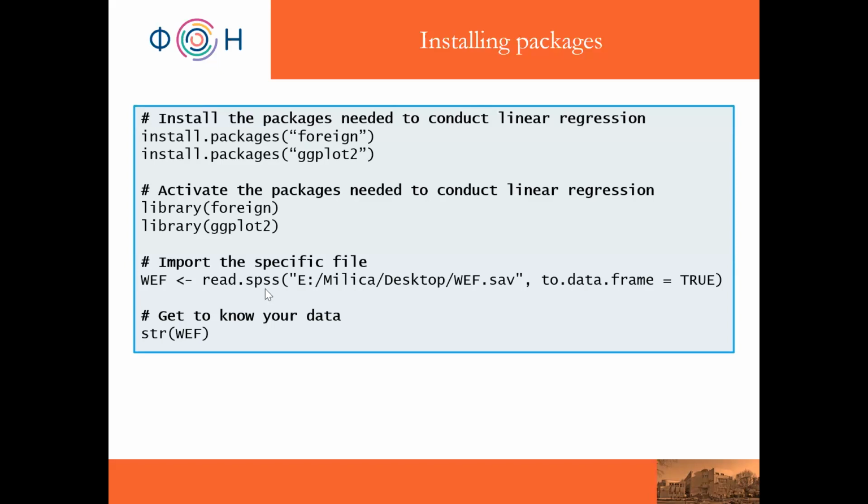Okay. So the first two packages that we need to install: first is the package foreign. We will be using the package foreign to import the data set, which is in fact an SPSS file. And the second package we will be needing is the one for, let's say later, graphs and visualization.